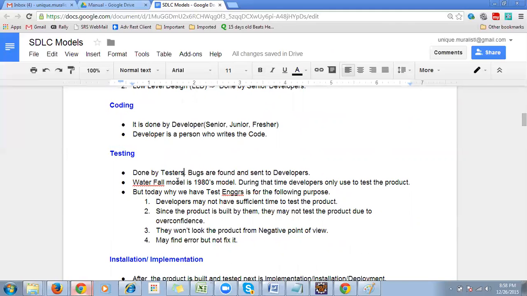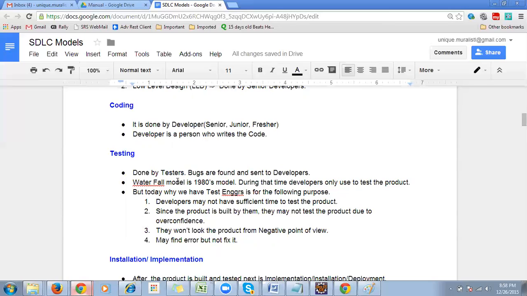We check the functionality of the application, and then identify whether any bugs are present. For example, something should be developed as per the requirement, but it has been developed in a different way. Then we send the information that the development is wrong, please redo it. That's what is done in testing.